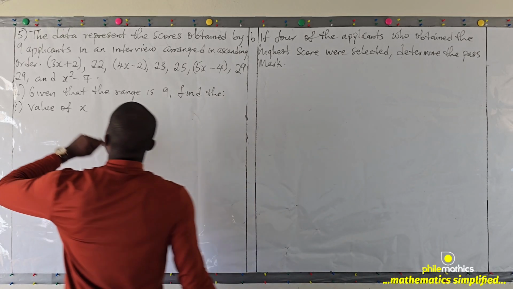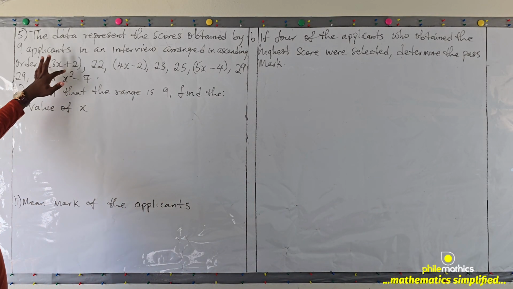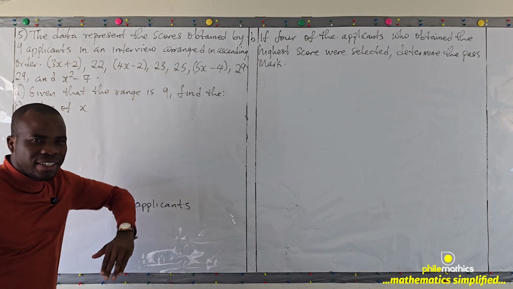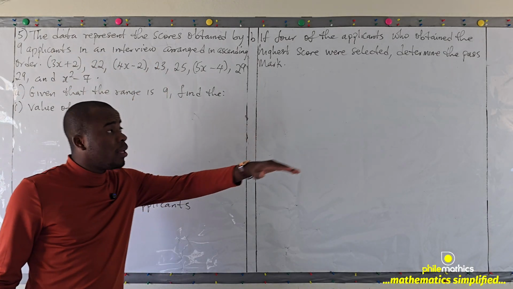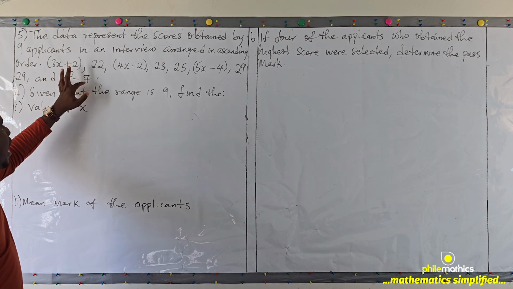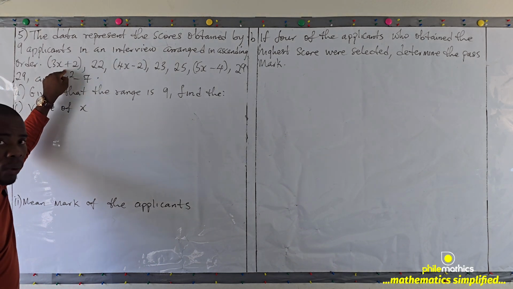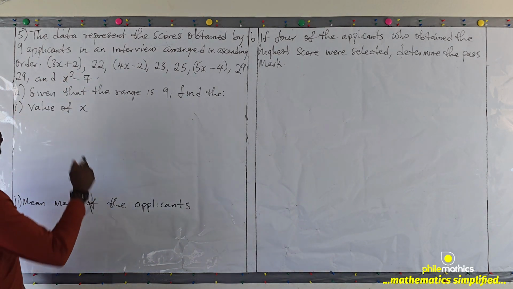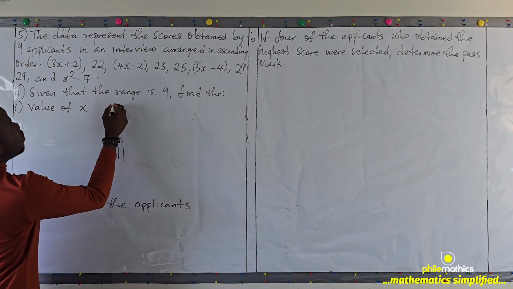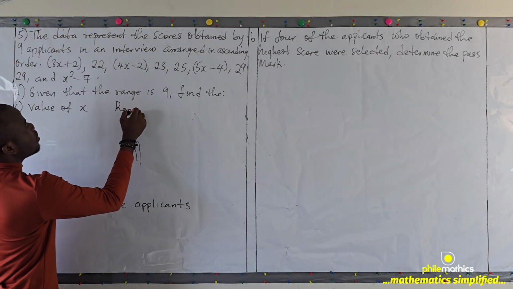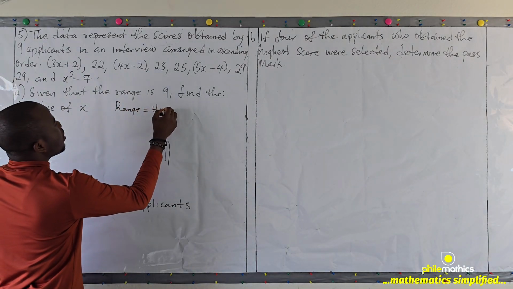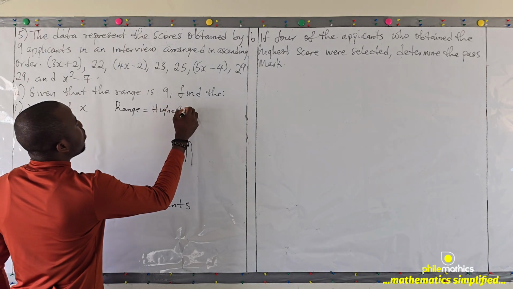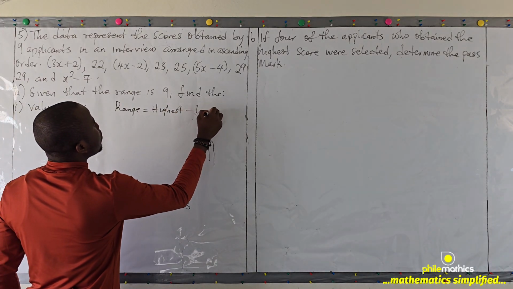Since we are told that these scores are arranged in ascending order, it implies that this is the highest and this is the lowest. From range, we know that range is simply highest minus lowest.